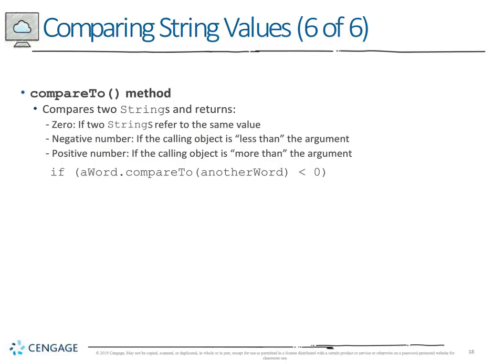In this example, if aWord and anotherWord are the same, it will return 0. If aWord comes before anotherWord, it will return a negative number. If aWord comes after anotherWord, it returns a positive number. So those are based on dictionary order. If you need to compare two strings ignoring case differences, we can use the compareToIgnoreCase method.